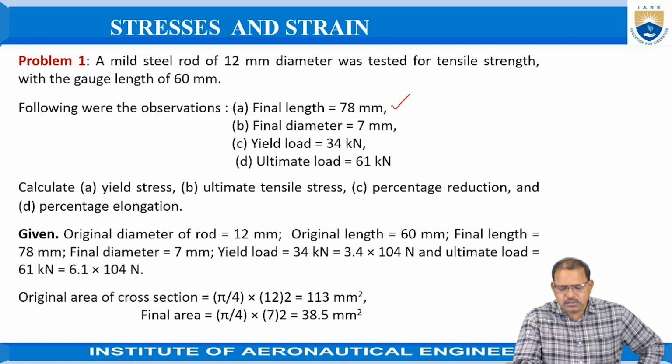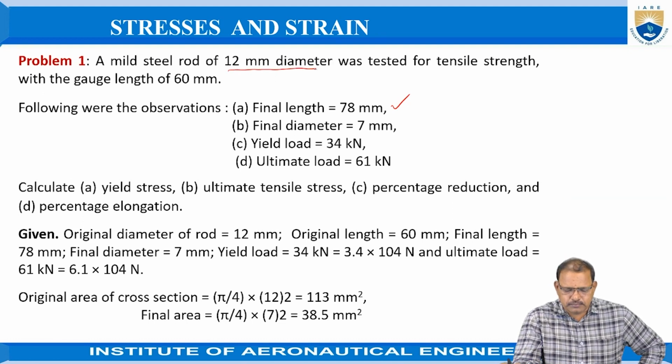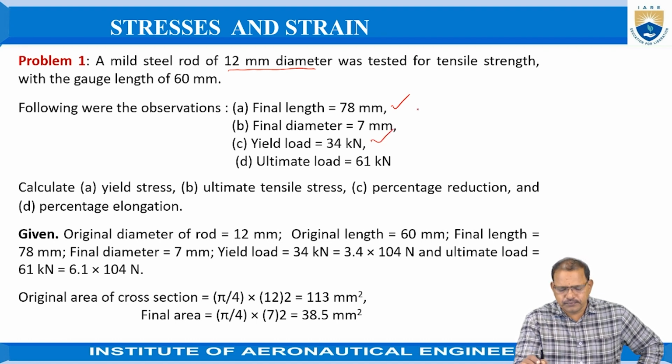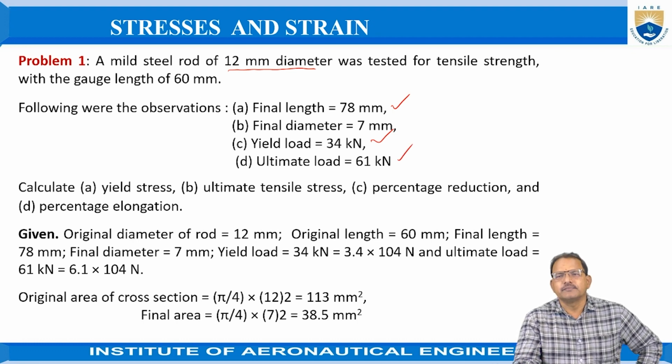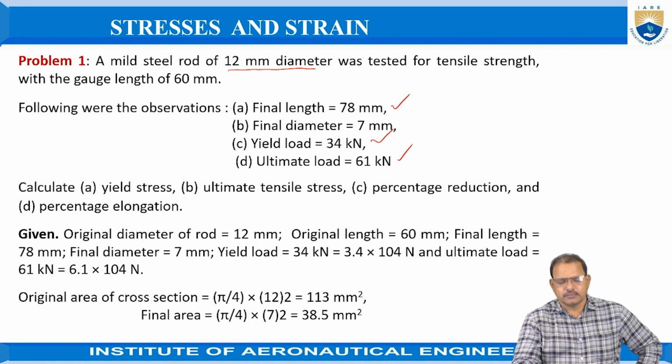The final diameter is 7 mm, but the initial diameter is already given, equal to 12 mm. Yield load 34 kilonewtons and ultimate load 61 kilonewtons. Calculate yield stress, ultimate tensile stress, percentage reduction in area and percentage elongation.